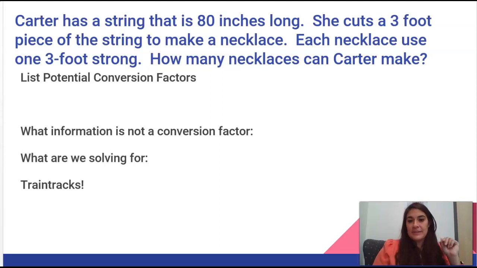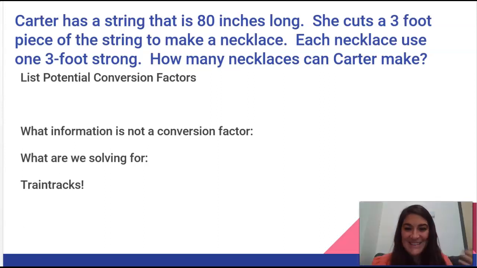All right, so Carter has a string that is 80 inches long. She cuts a 3-foot piece of the string to make a necklace. Each necklace uses 1 3-foot string. How many necklaces can Carter make? So let's look for those conversion factors. We are told that we have a string that is 80 inches long. Okay, so that's helpful. She cuts a 3-foot piece of string to make a necklace.